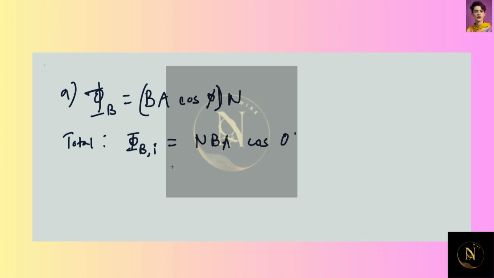So that's 0, and this is 200 for the number of turns, times B in Tesla, it's 6 times 10 to the negative 5 Tesla, and times area is 12 times 10 to the negative 2 squared. So this will be 12 times 10 to the negative 4 meters squared, because that's an SI unit right there.